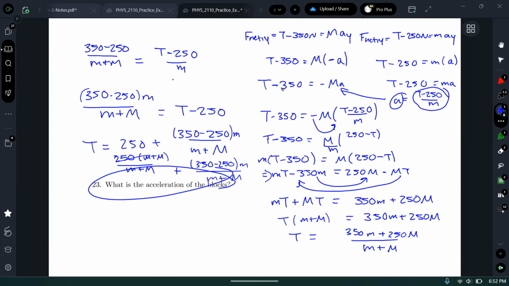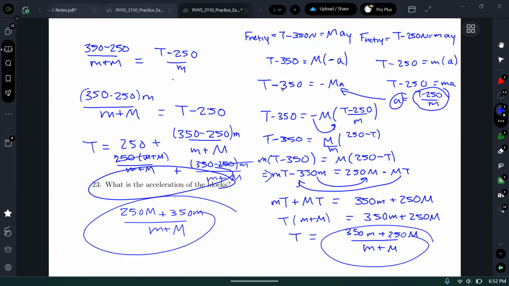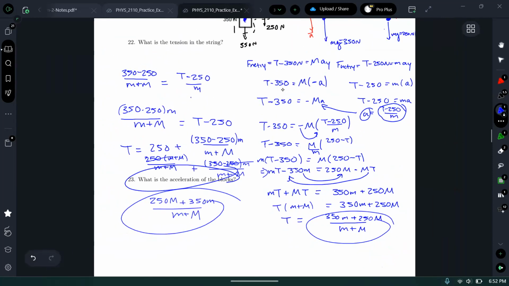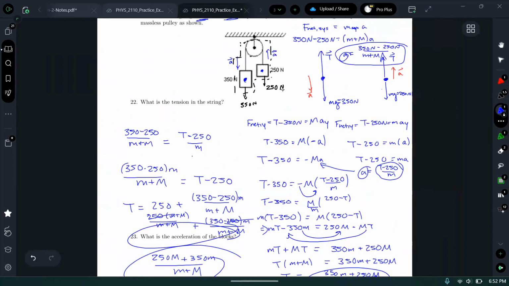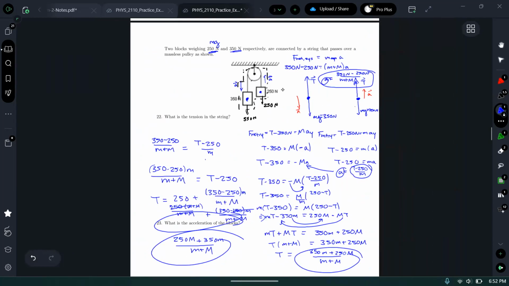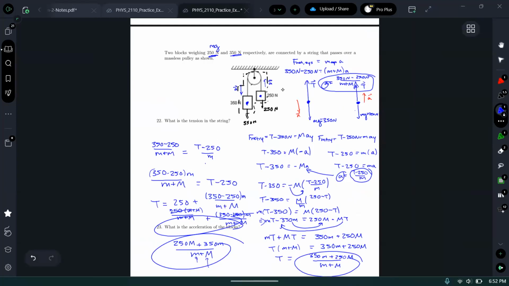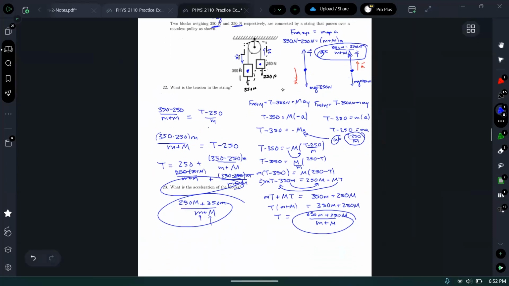So this term would cancel this term, and so I'll have 250 big M plus 350 little m over m plus big M. Same as over here. All right, that's a nightmare. But if you put in numbers somewhere along the way, it's probably not quite as bad. We would just have to remember that to get little m and big M, we divide 350 and 250 by g, by 9.8, so that we go from weight to mass instead of the usual mass to weight.